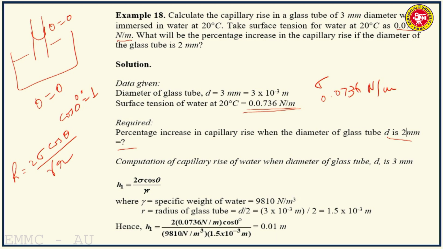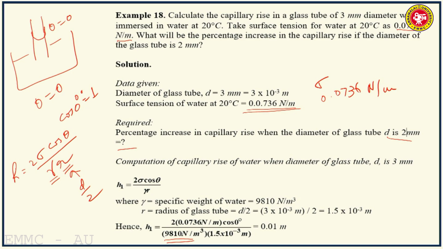The diameter is given, so r will be d by 2, that is diameter divided by 2. And gamma is the specific weight of water, that is 9810 Newton per meter cube. So 2 sigma, with sigma being 0.0736 Newton per meter, is the force per unit length of the liquid film to keep the liquid film in equilibrium, that is surface tension.